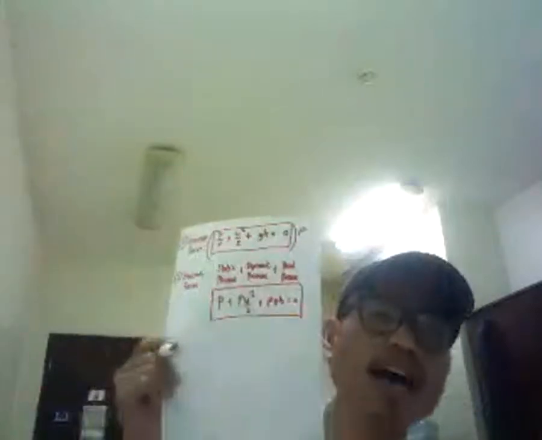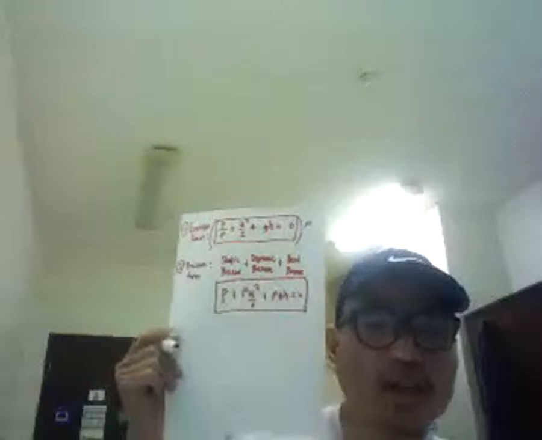So it becomes P plus density times u squared over 2 plus density times gravity times h equals 0.